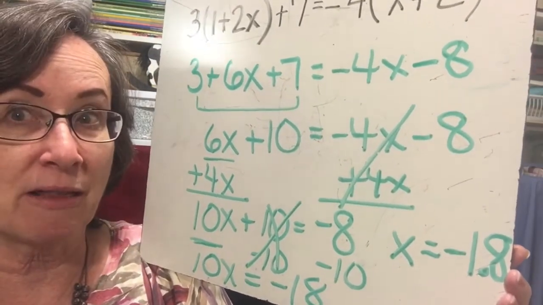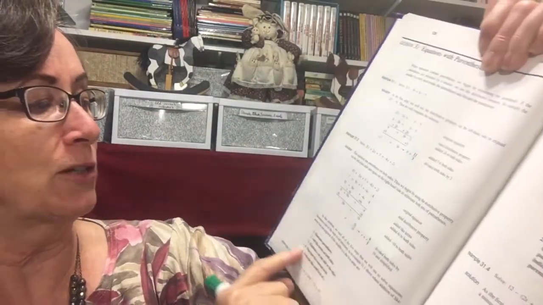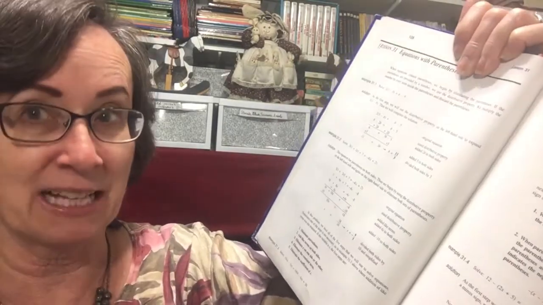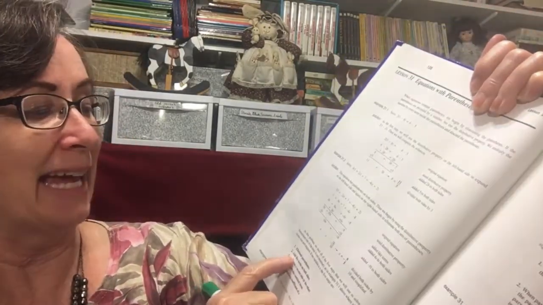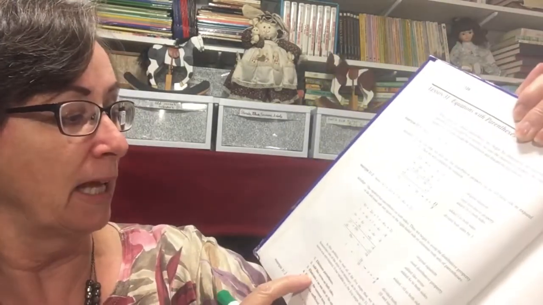And then I want to get the variable by itself. So let's look at your book because they have the same thing written down here, but they first say eliminate the parentheses, and that's what we did. Then they say add like terms on both sides, so that's simplifying.